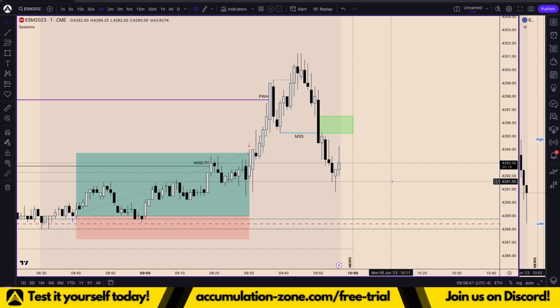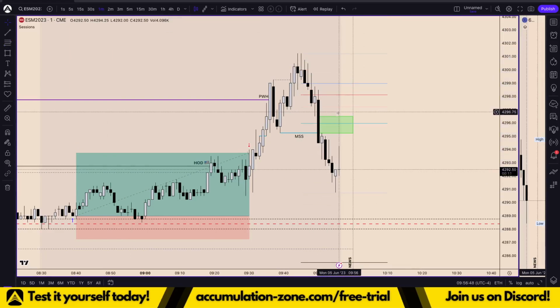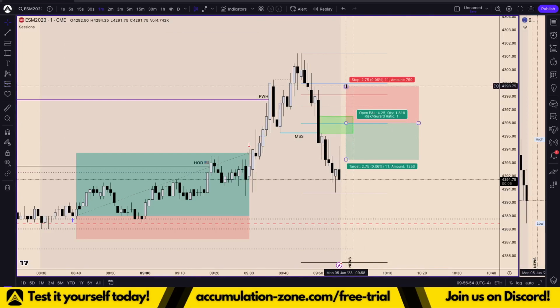So let's see. It looks like we formed our low, and we're starting to get a pullback. Taking an entry off this 50% level, let's see what this would look like on our chart.